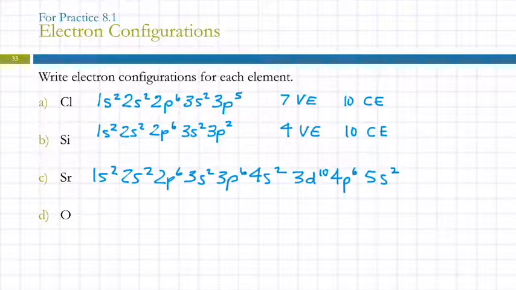How many valence electrons does strontium have? 2. 5s2. These are the valence electrons. How many core electrons does it have? Yeah, 36.